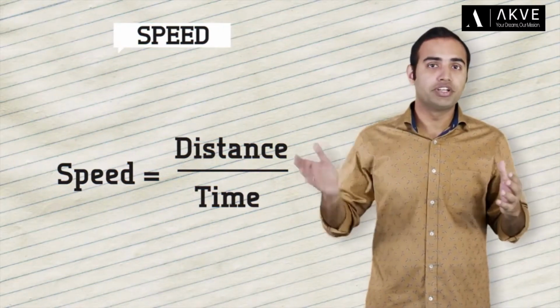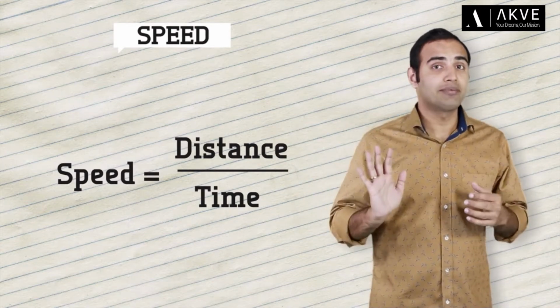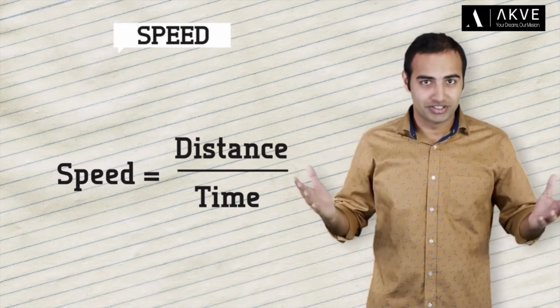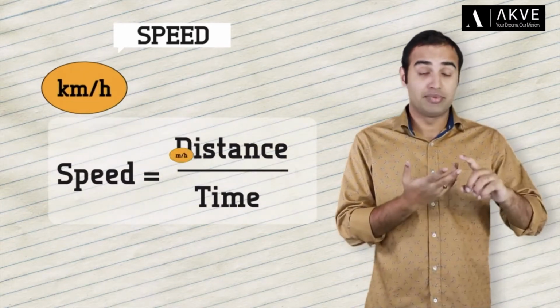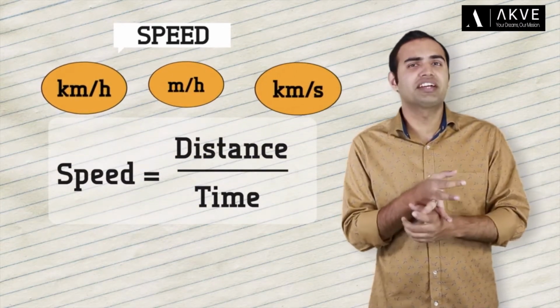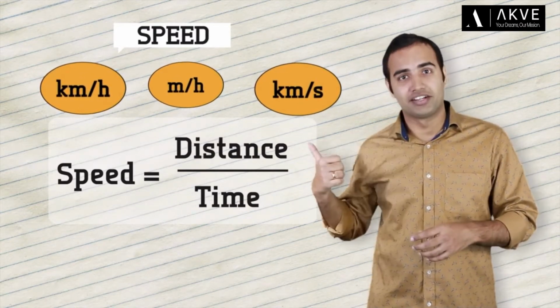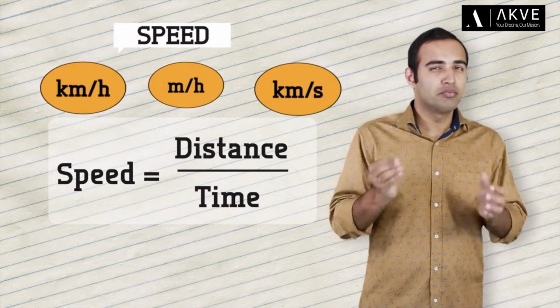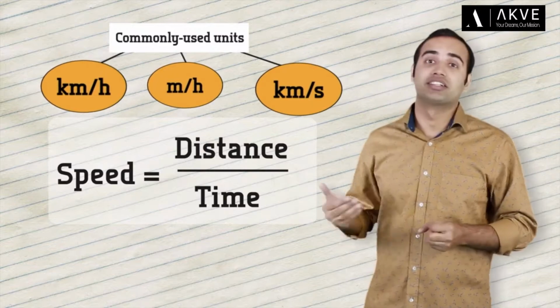Now as I told you in your previous standard, based on this formula, speed is equal to distance upon time, we can have numerous units for speed. For example, we can have units like kilometers per hour, meters per hour, kilometers per second, and so on. And you should know that all these units are valid. Therefore, we can call them non-standard, commonly used units as they are applicable in certain contexts.